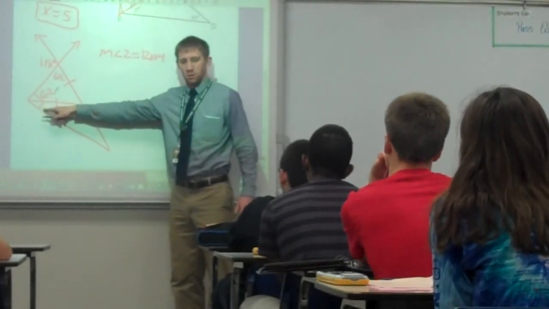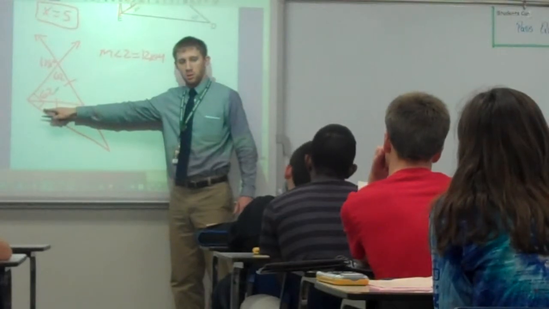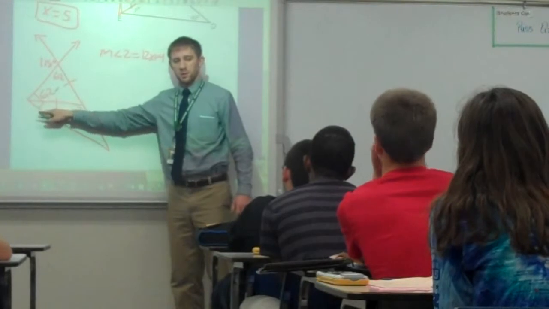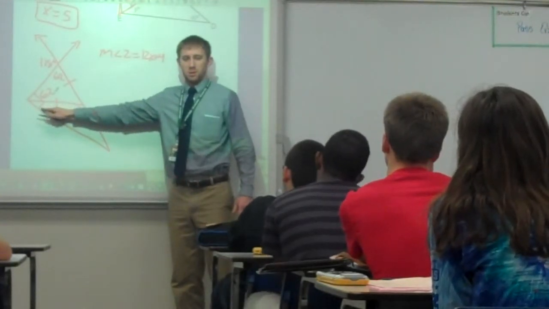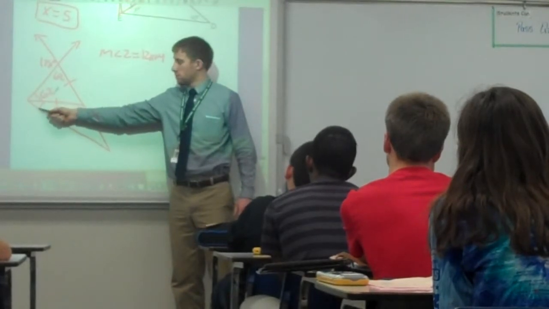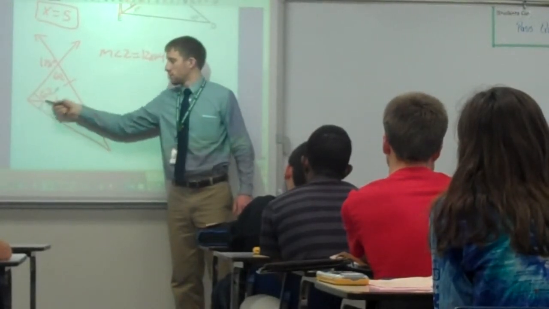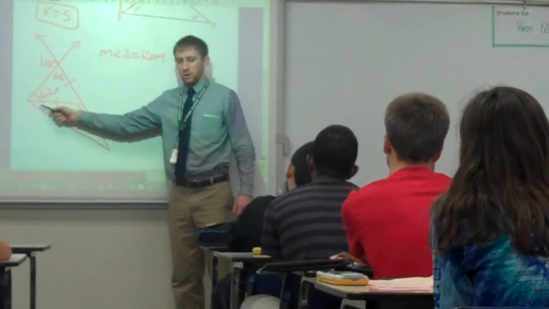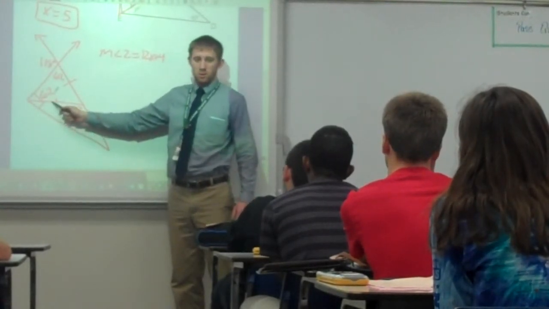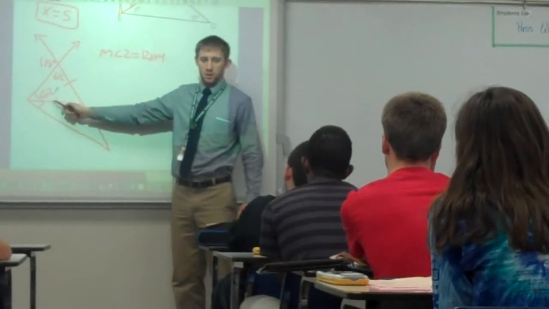Right here. What did you do? You made this one 62? Or this one 62? Why is this one 62? What does this thing tell us? 90 degrees. This one was 62, so how big is this one? 30.